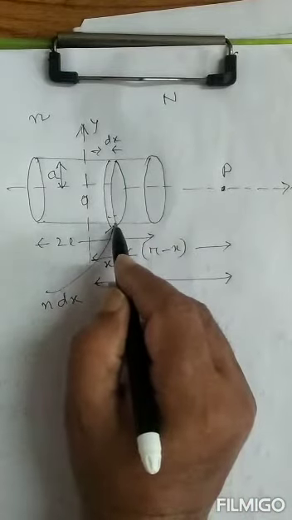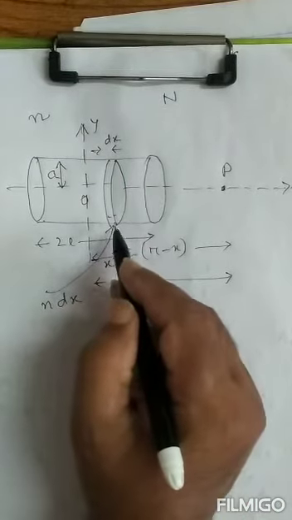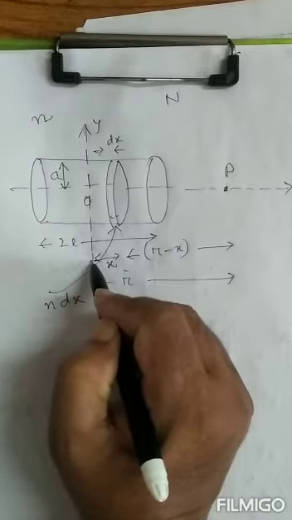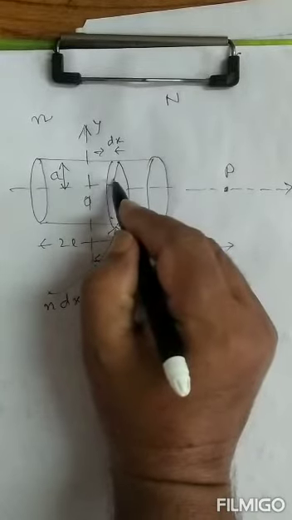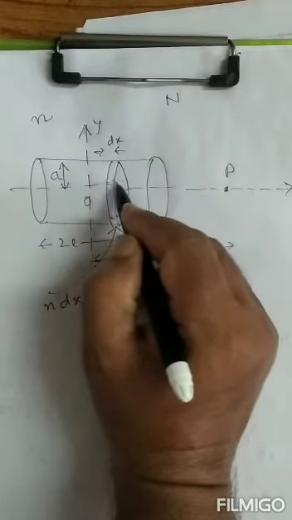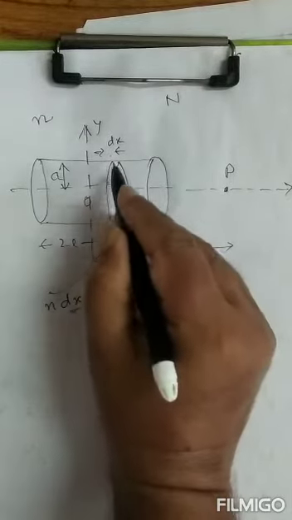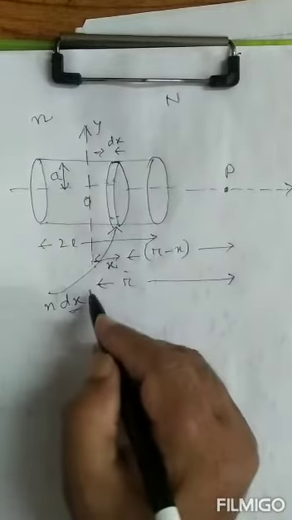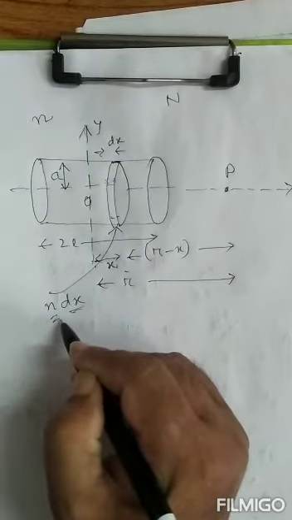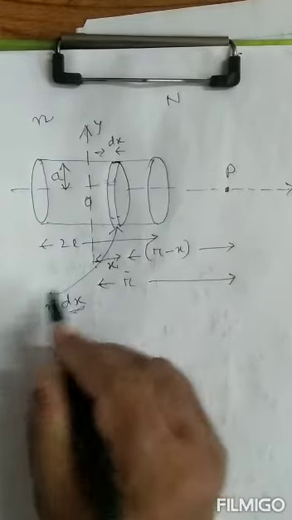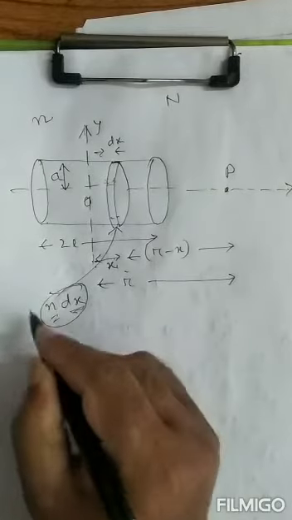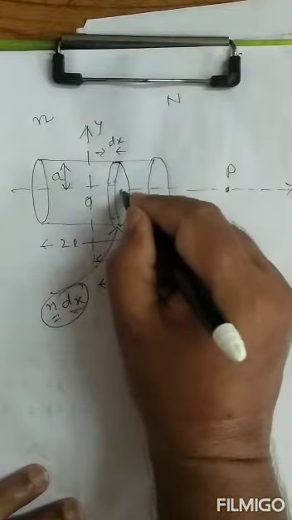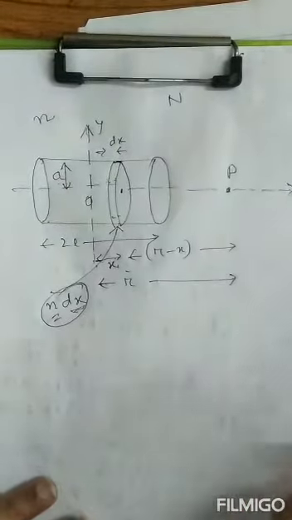For that, we consider a small circular loop inside the solenoid at a distance x from the center of the coordinate system, and the thickness of the circular coil is dx. This is also called the length of the circular coil. Small n is the number of turns per unit length, dx is the length, so this gives us the total number of turns of the circular coil. What is the radius of the circular coil? The radius of the circular coil is a.